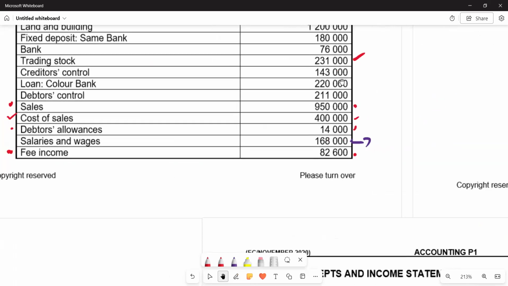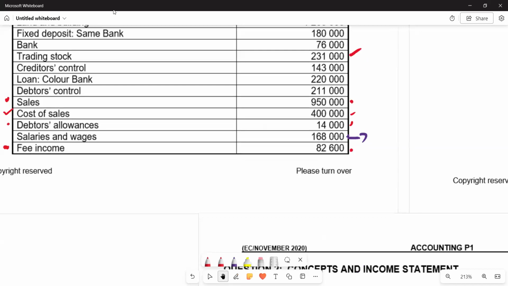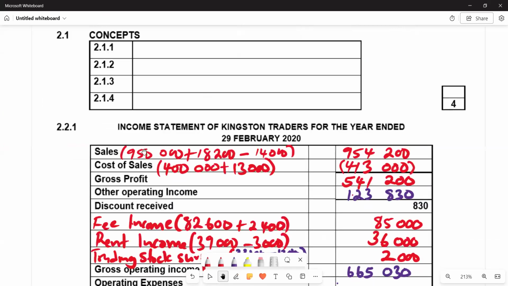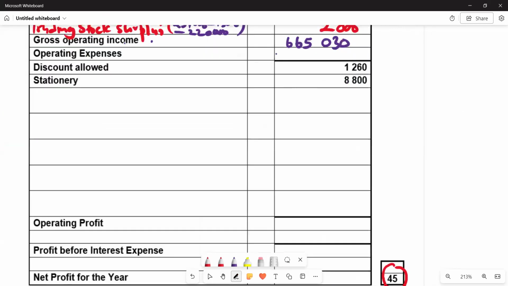And this 10,000, you add it to the figure that we have for gross salaries. So for salaries in the list of balances, which is 168,000. Because remember, that 10,000 was said to be left out. So we need to add it so that we get the total, 168,000 plus 10,000. So go to the other section. So here we are saying salaries and wages.